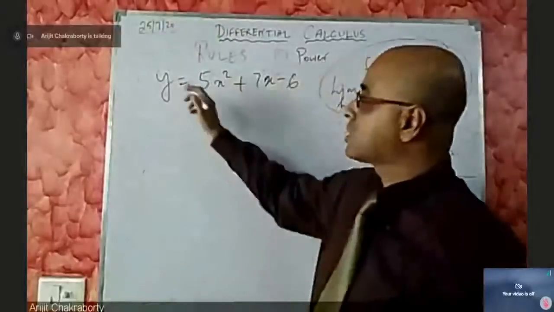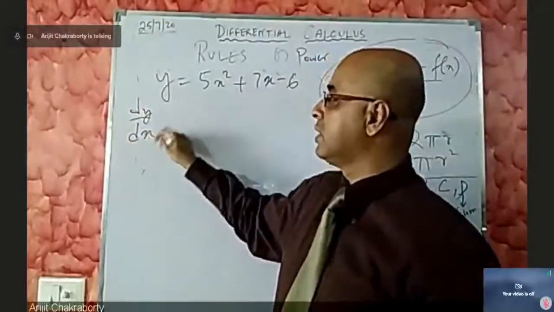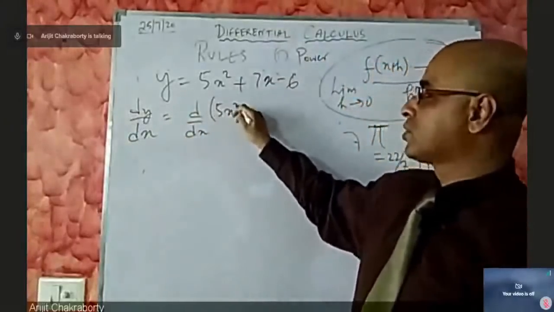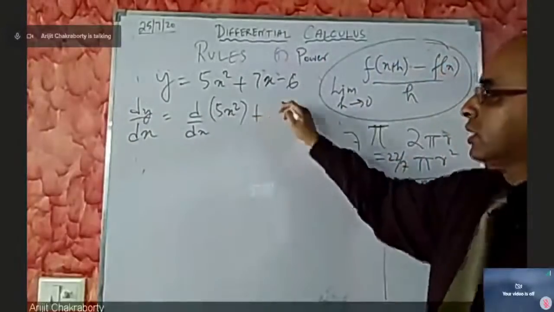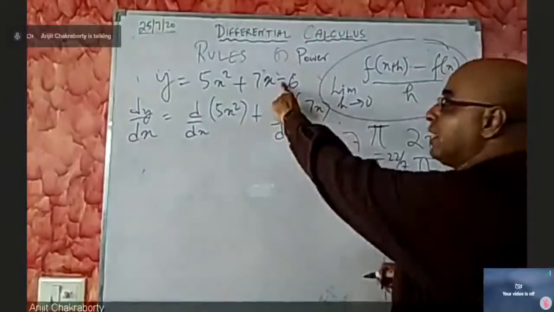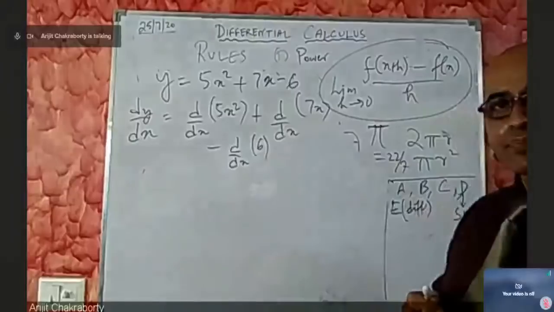The formula tells us that in this case dy by dx is equal to d dx of 5x squared plus d dx of 7x minus d dx of 6.